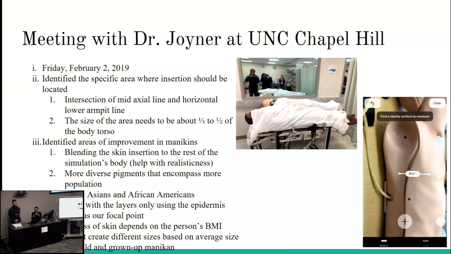So we need to determine whether we are making this just for a baby mannequin or a young adult, and specify going further, because the size that he had in there originally, he said was too small.